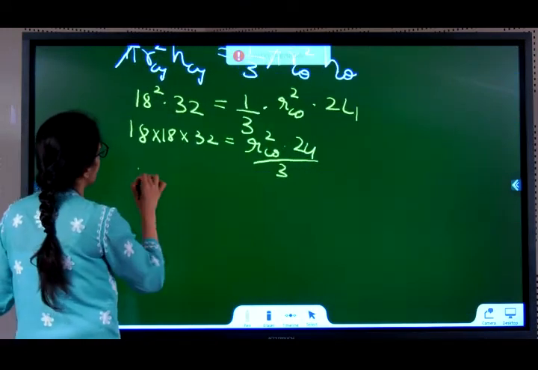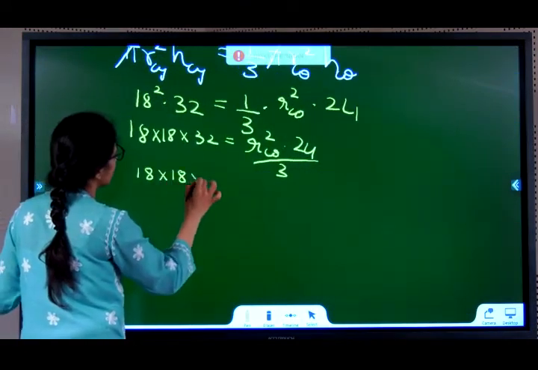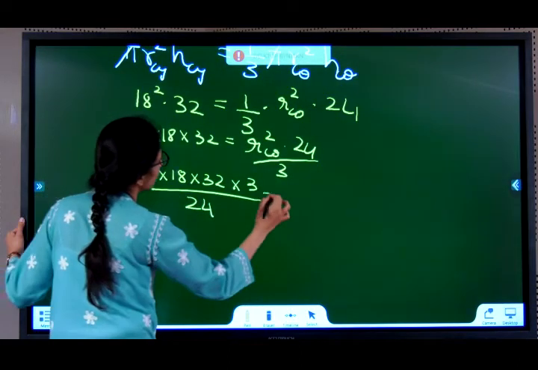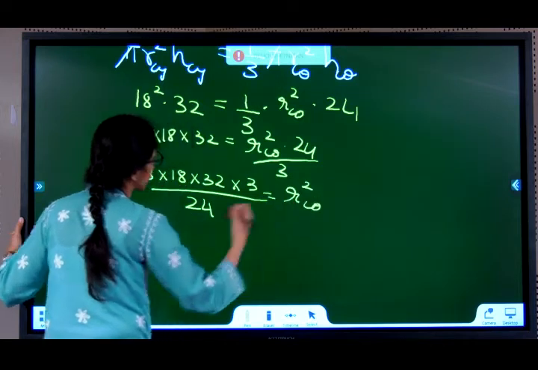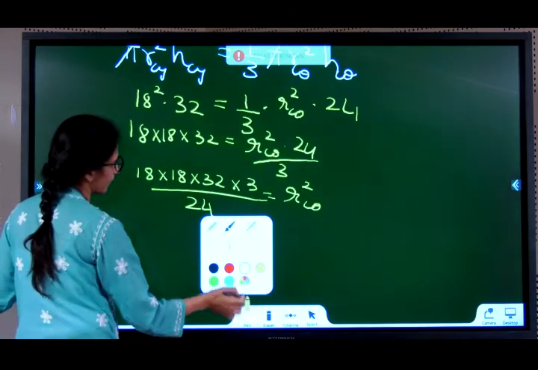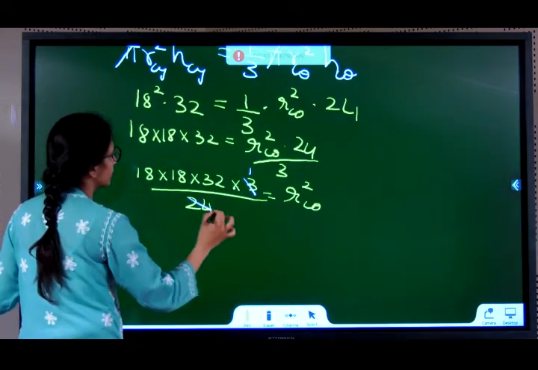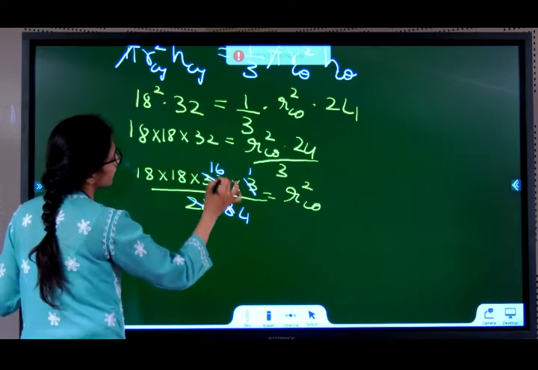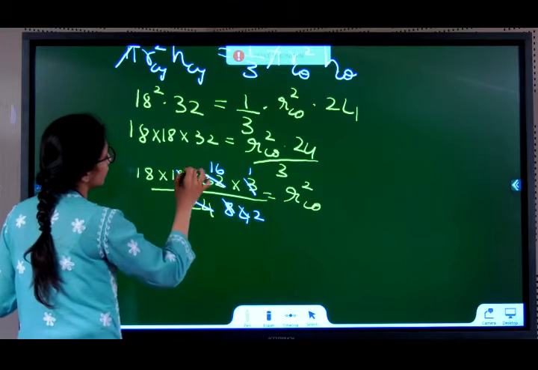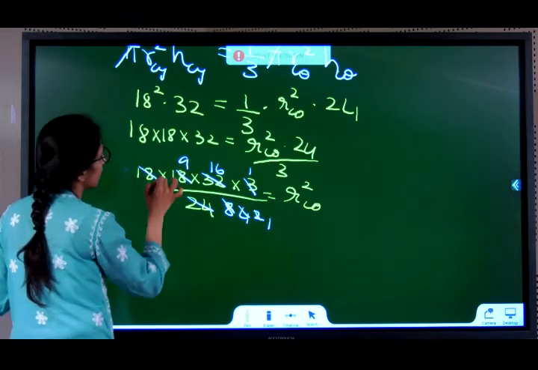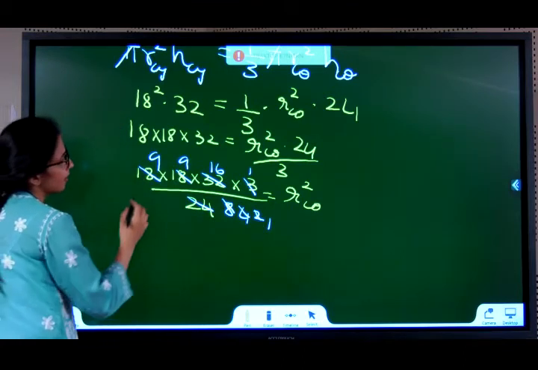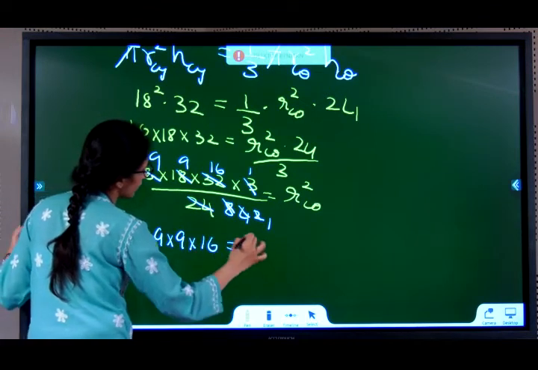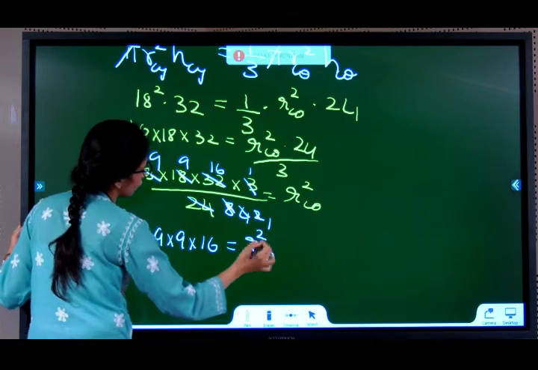Send the 3 here. 18 into 32 into 3 divided by 24 is equal to r of cone square. 3 ones are 3, 8s are 24, 2 fours are 8, 2 16s are 32, 2 twos are 4, 2 nines are 18. 9 into 16 is equal to r of cone square.